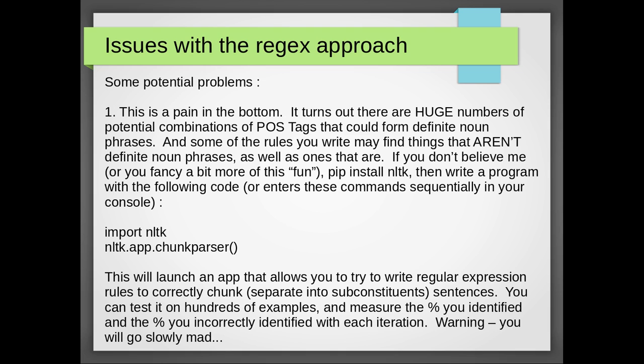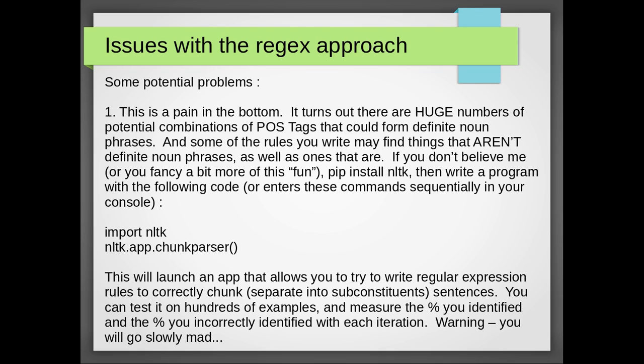If you don't believe me, or you just fancy a bit more of this fun or pain, then pip install NLTK, that stands for the Natural Language Toolkit. Then write a program with the following code or enter these commands sequentially in your console. Either works fine. So import nltk and then run nltk.app.chunkparser.